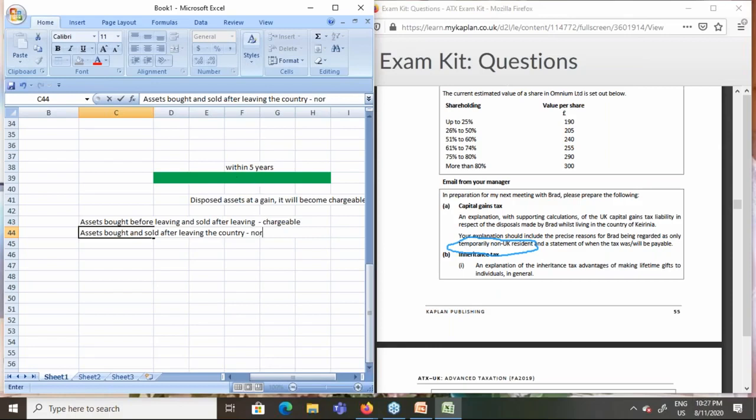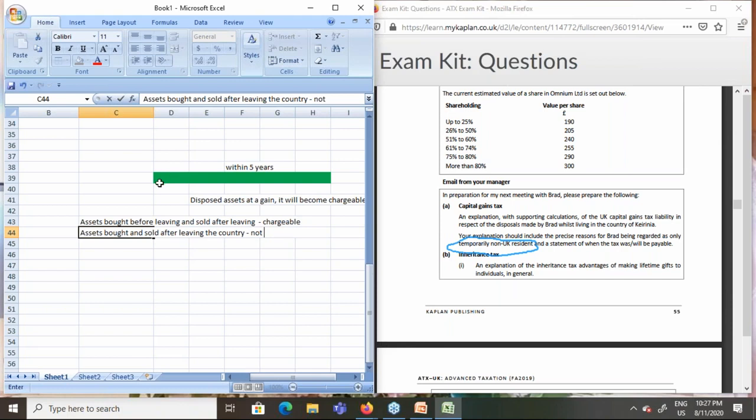Now that is not covered by temporarily non-UK resident rules. Here we intend to avoid situations where an individual has bought the asset while they were in the UK, and then they leave the country and sell the asset as a non-UK resident person to avoid taxes. So HMRC will not allow you to do that under anti-tax avoidance rules.